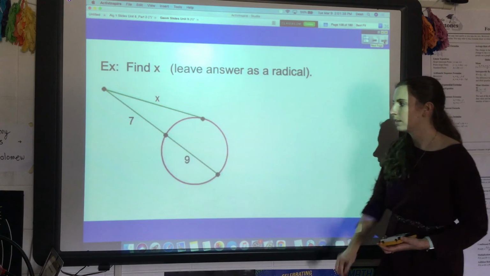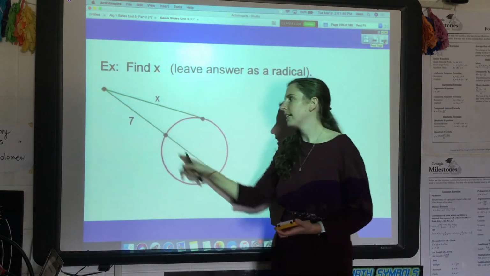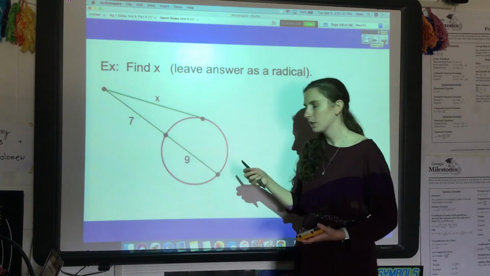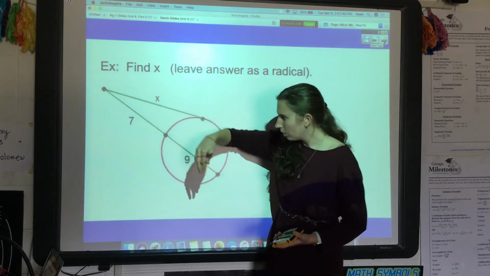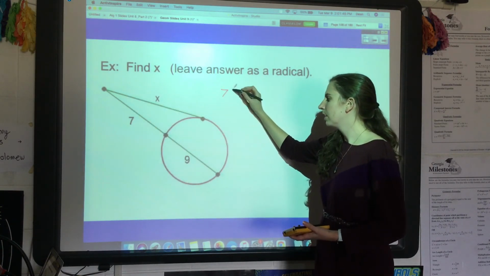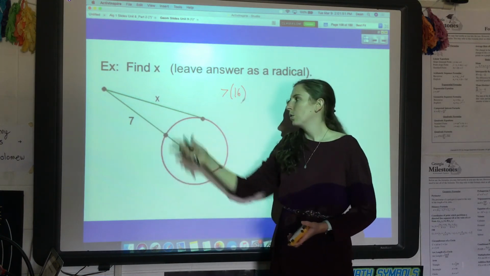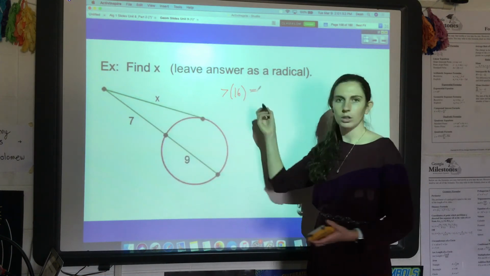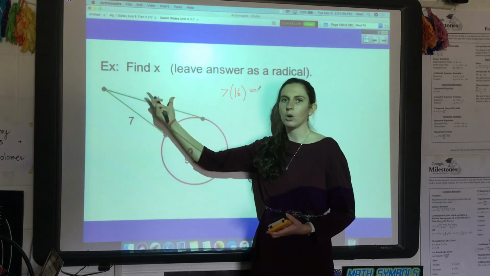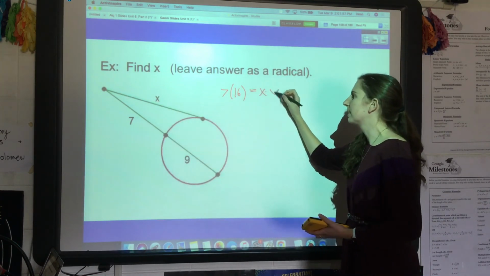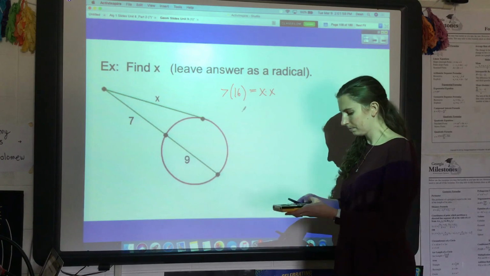And this one, again, it's a secant and a tangent line, but we'll still just do outer times the whole. So the outer is 7, the whole is 16, if you add up these two. For this one, again, the outer and the whole are the same thing. The outer is x and the whole is x, so we'll just do x times x, which is x squared.